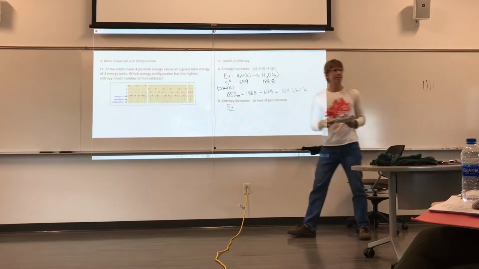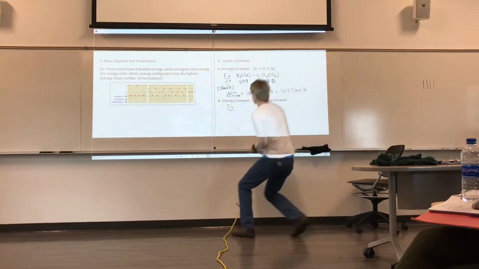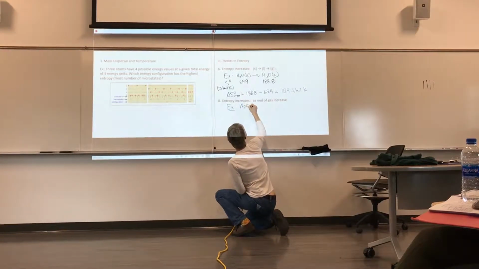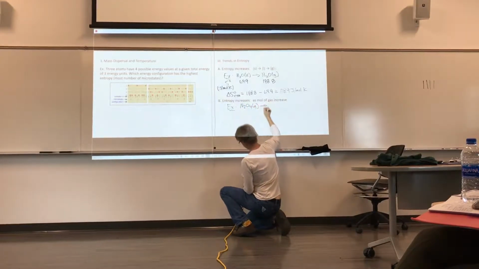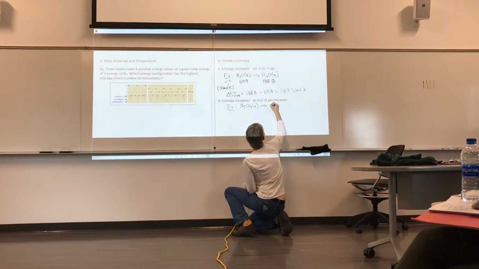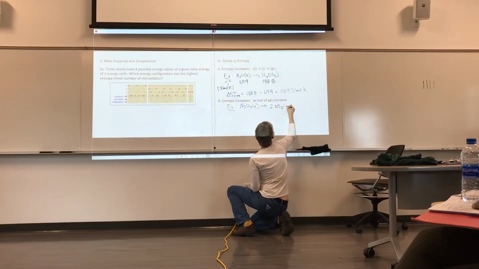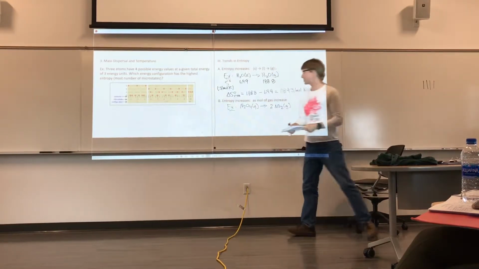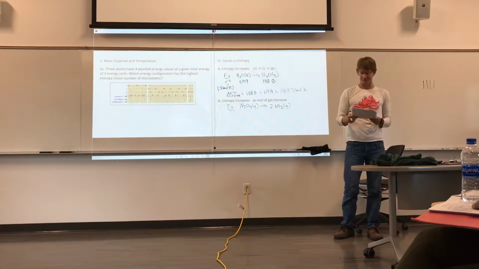For this example, we're going to take dinitrogen tetroxide and break it down into 2 moles of nitrogen dioxide.